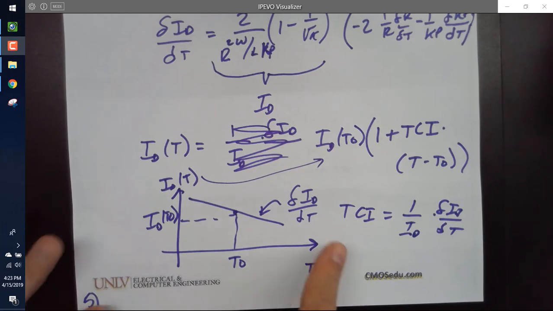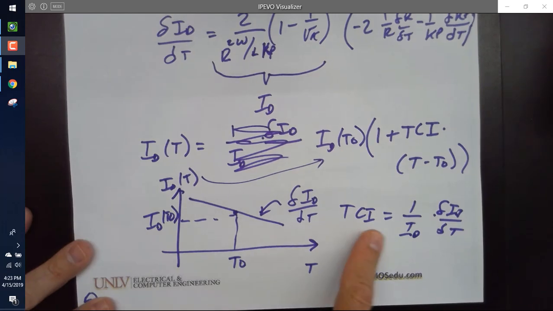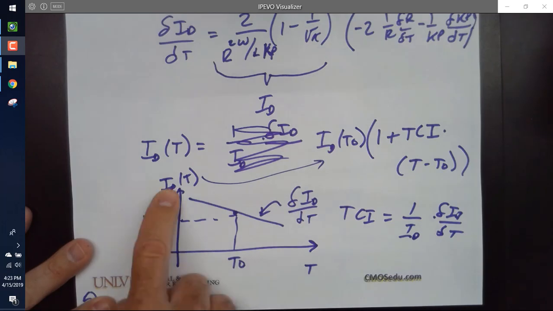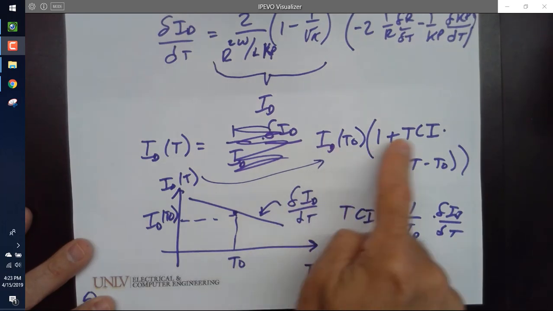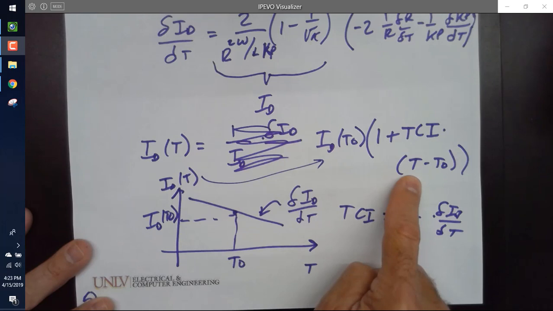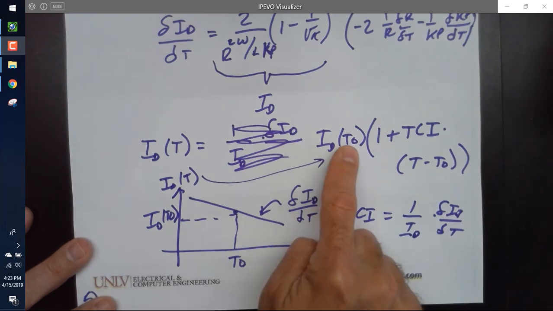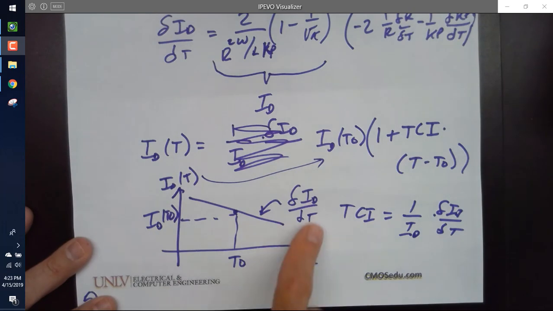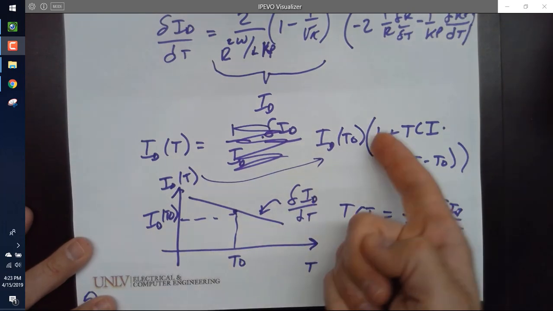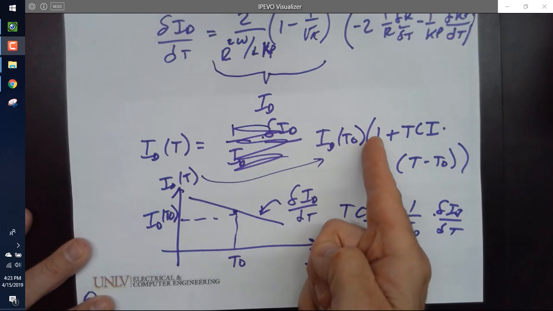Okay. So then I go back and I say, all right, I'm writing this equation, ID of T0 times 1 plus TCI times T minus T0. So when T is T0, this term goes to 0, and ID is ID of T0. When I take the derivative of ID with respect to temperature, this goes away because the derivative of a constant is 0.